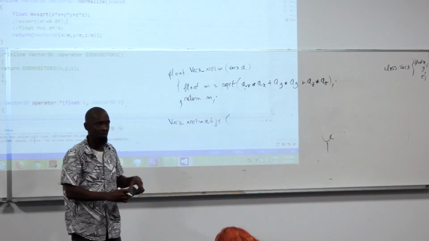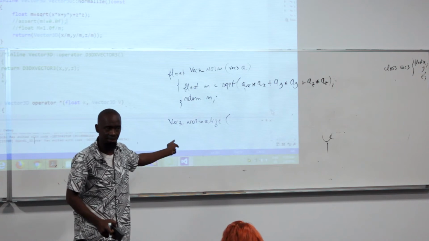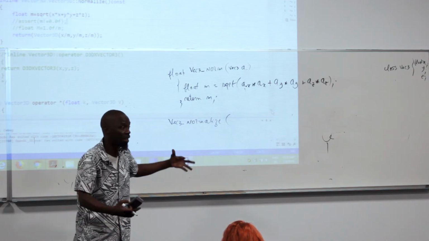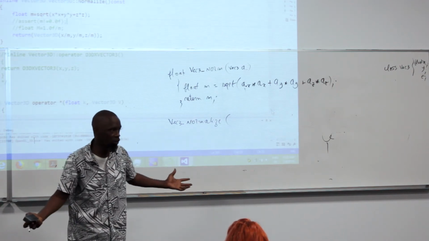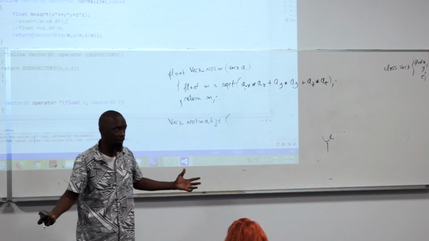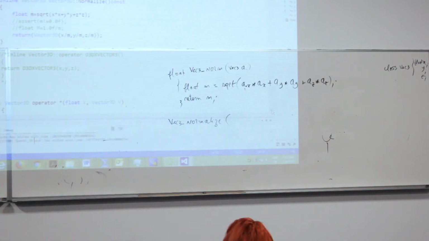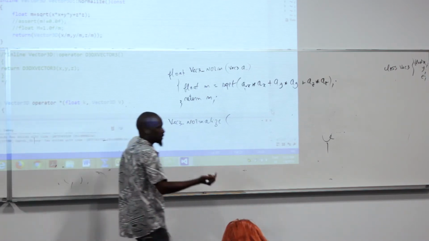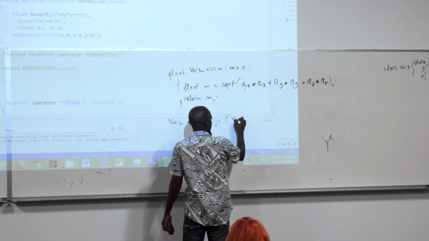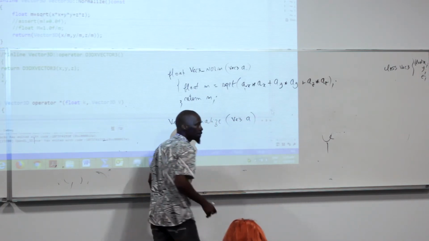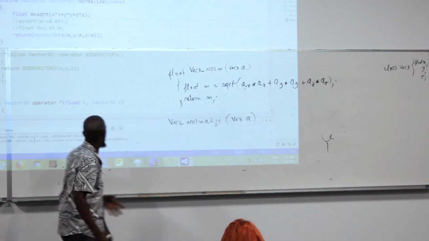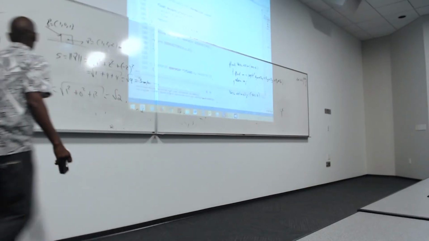The input argument type is what? What are we normalizing? Is it banana food? No. Look here. What are you normalizing? A vector. So we call this vector A of type vec3. And when you normalize a vector, what do you return?